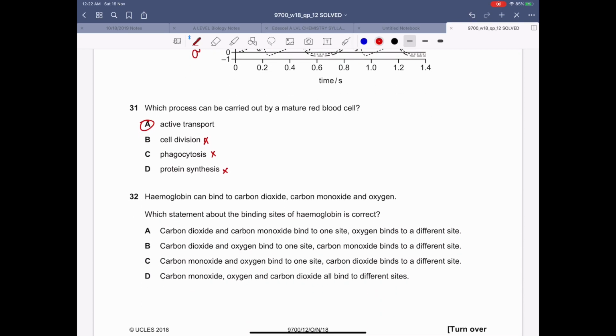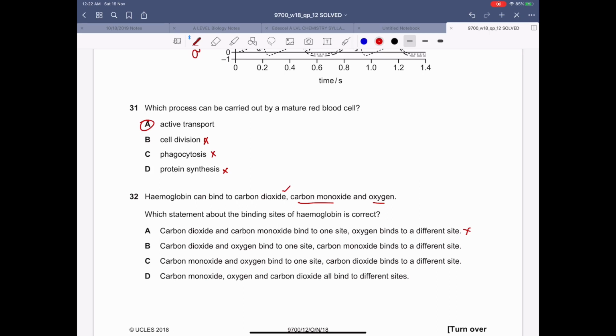32. Hemoglobin can bind to carbon dioxide, carbon monoxide, and oxygen. Which statement about the binding site of hemoglobin is correct? Okay, so now you gotta understand this particular fact. Carbon monoxide and oxygen have the same binding site. So it is the carbon dioxide that has a different binding site. Carbon dioxide and carbon monoxide bind to one site and oxygen binds to a different site: wrong.